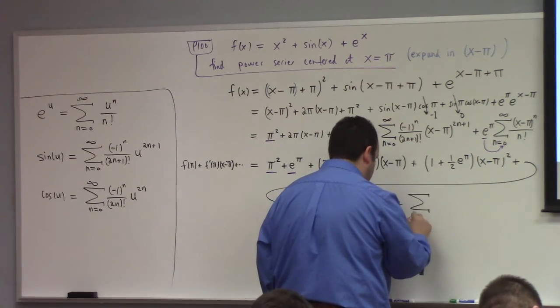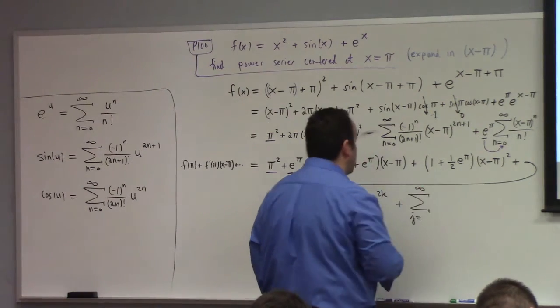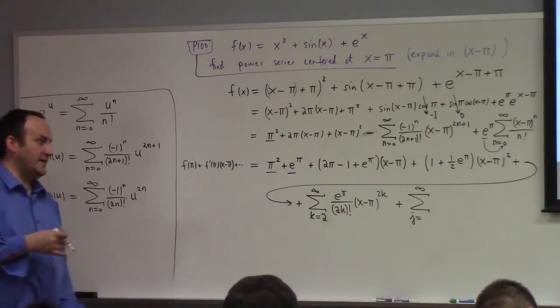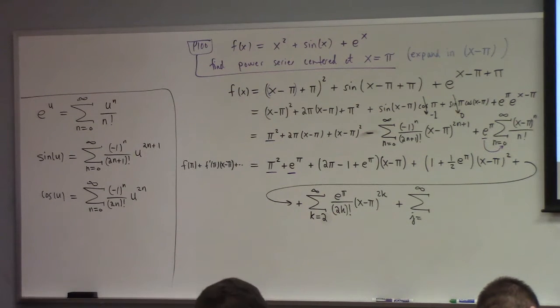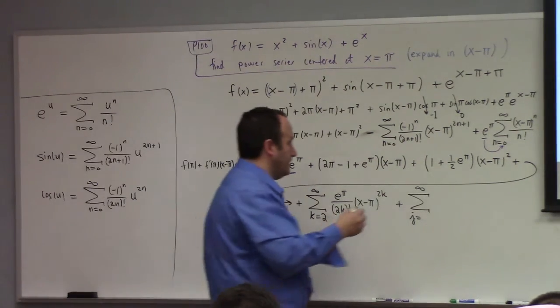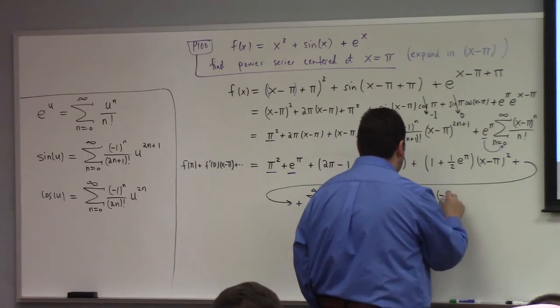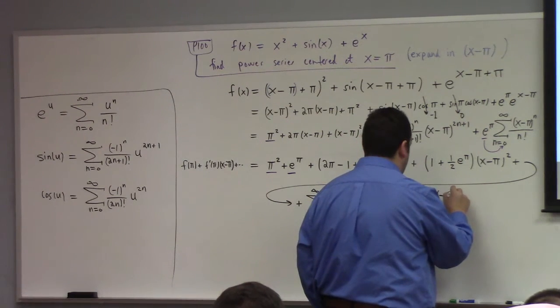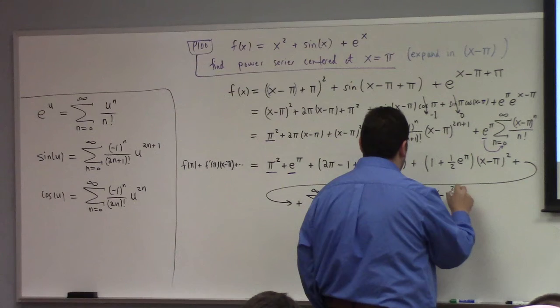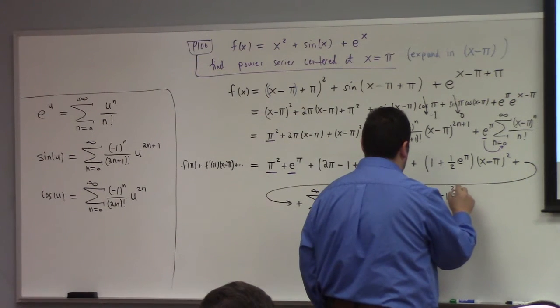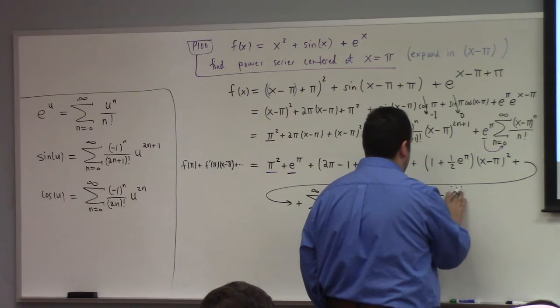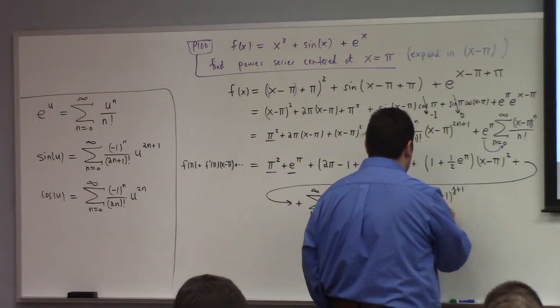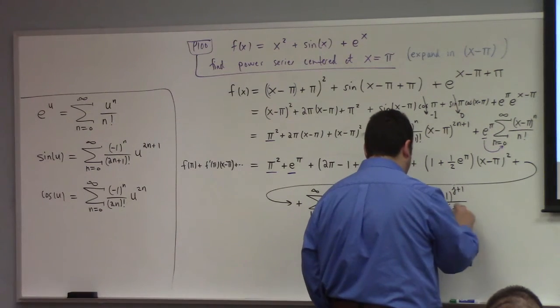I'll use a j. j equals something to infinity. And so what I'm going to try to do here is collect together all of the odd terms past linear order. So, you know, cubic and higher, where are those coming from? You have your minus 1 to the j plus 1 divided by 2j plus 1 factorial.